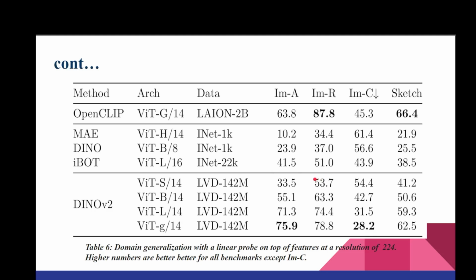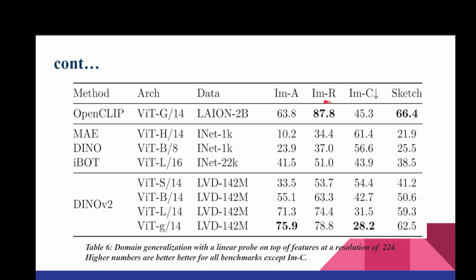Now coming to domain generalization results. Here also DINOv2 outperforms the SOTA models such as iBot, MAE and DINO. It cannot outperform the OpenClip model, which has an accuracy of 87.8.